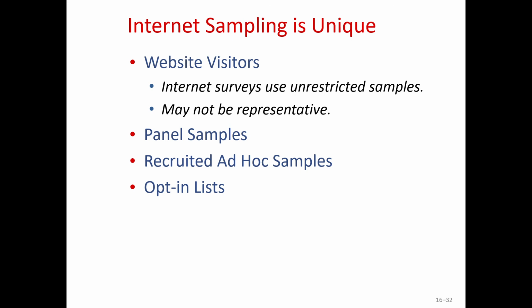But for researchers, there are disadvantages: the lack of computer ownership and internet access amongst certain segments of the population. In some regions of the world, internet availability is limited, and the sample of internet users is representative only of internet users, who tend to be younger, better educated, and more affluent than the general population.